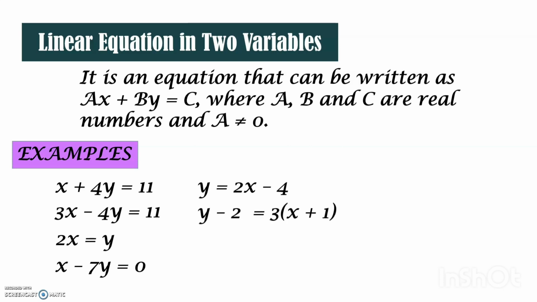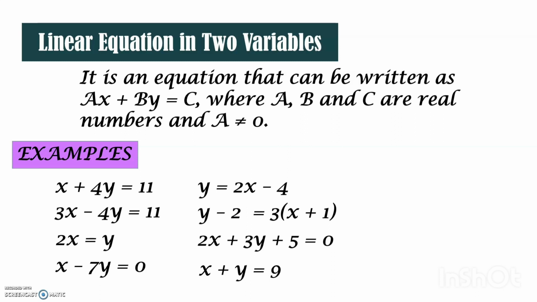y minus 2 is equal to 3 multiplied by the quantity x plus 1. 2x plus 3y plus 5 is equal to 0. And x plus y is equal to 9. Take note that not all given equations are considered linear equations.